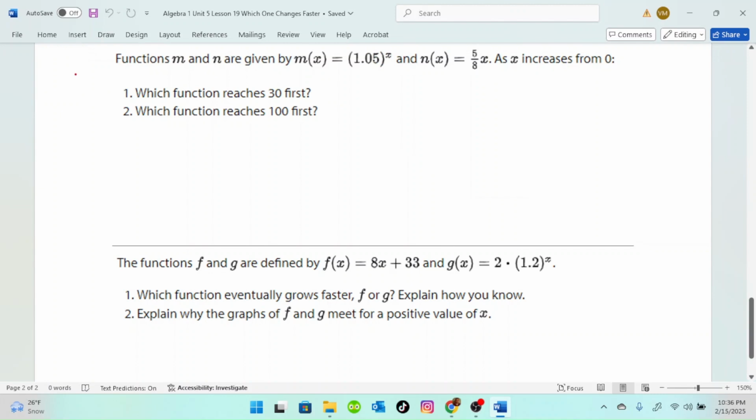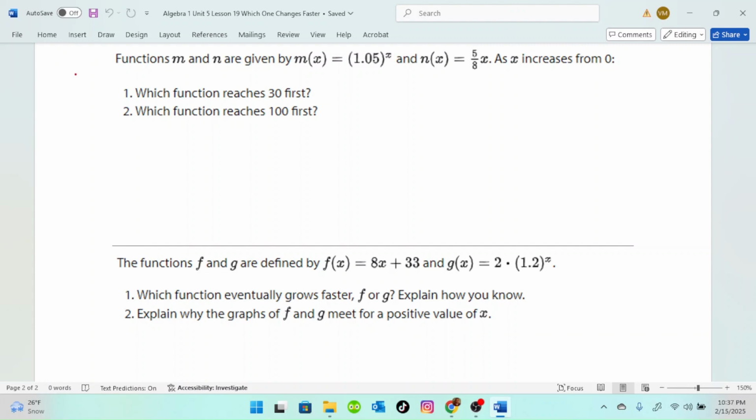Our next practice problem says functions m and n are given by m of x equals 1.05 to the power of x, and n of x equals 5 over 8 times x. As x increases from 0, number 1, which function reaches 30 first, and number 2, which function reaches 100 first.